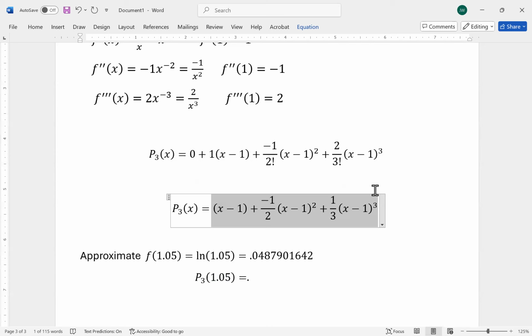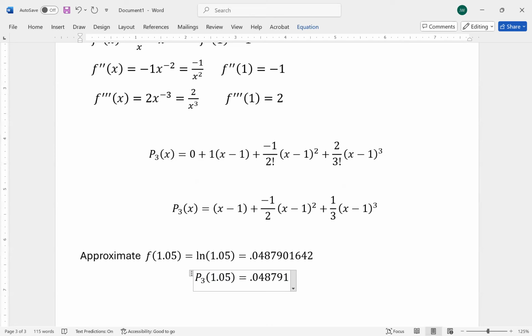So I'm going to go ahead and do that. I got something pretty close to the old value, but it's a little bit different, 0.048791 and then 6667 as the calculator display. This would be a 6 repeating.